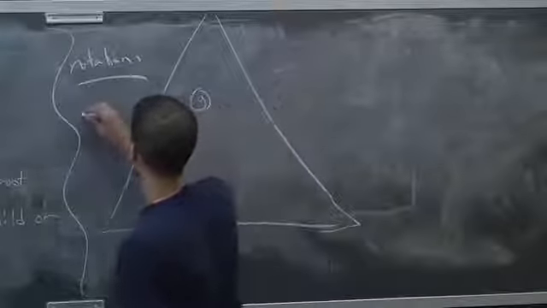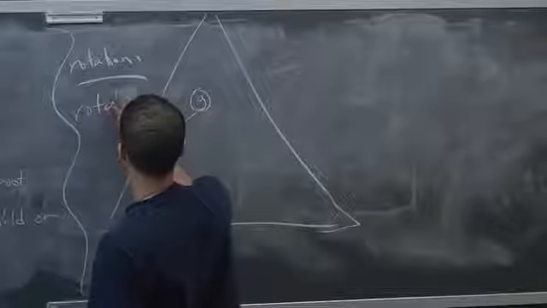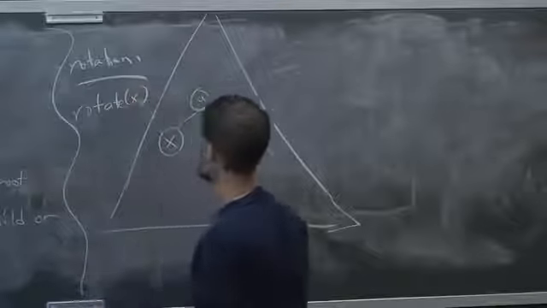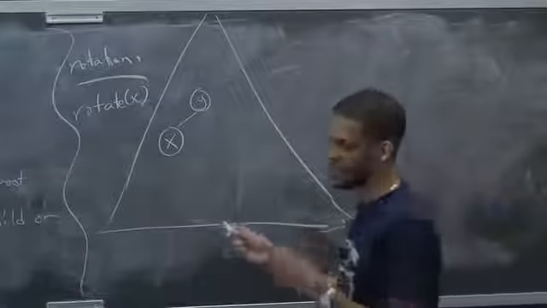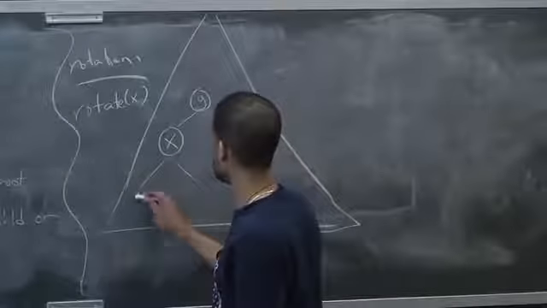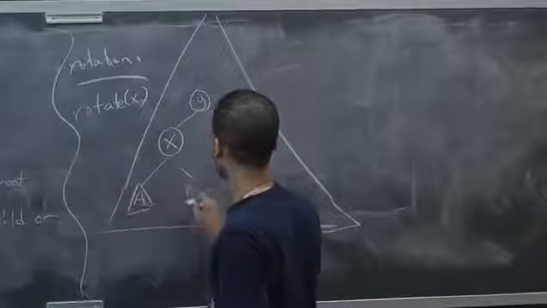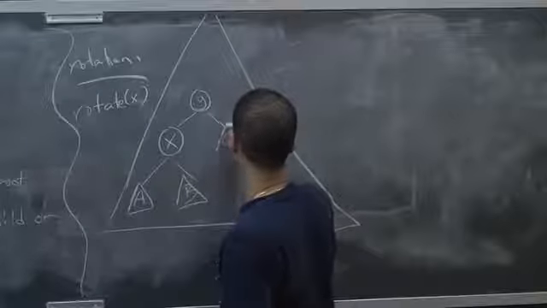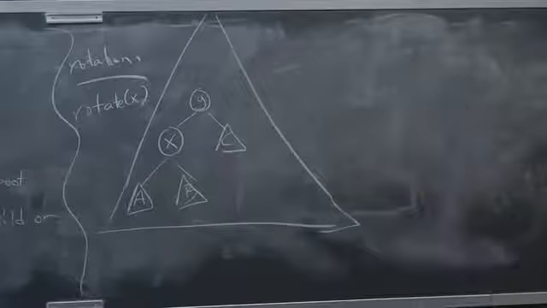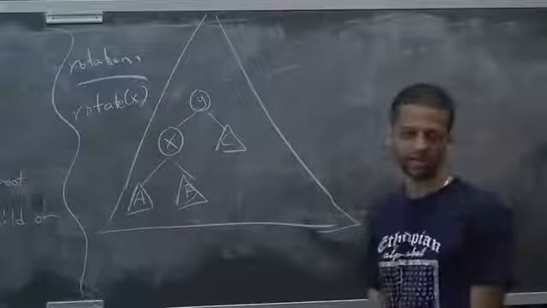So this is going to be rotate X. X might have some subtrees hanging off it. Y also. A, B, and C could be empty trees, but this is, in general, what the picture looks like.